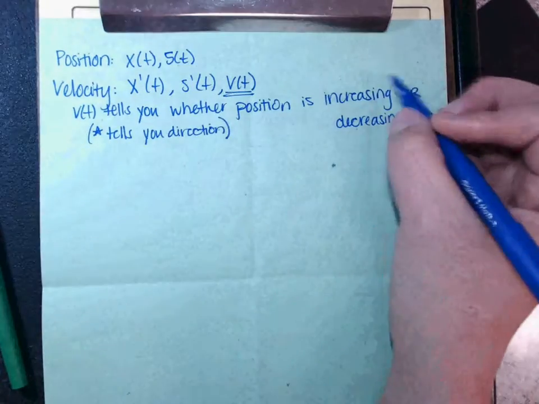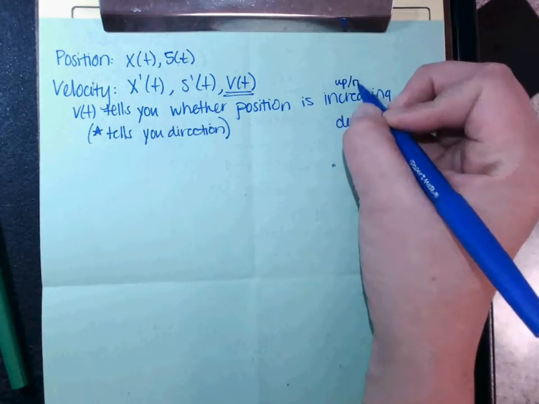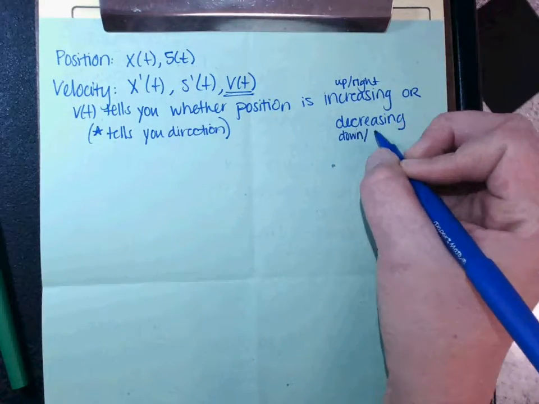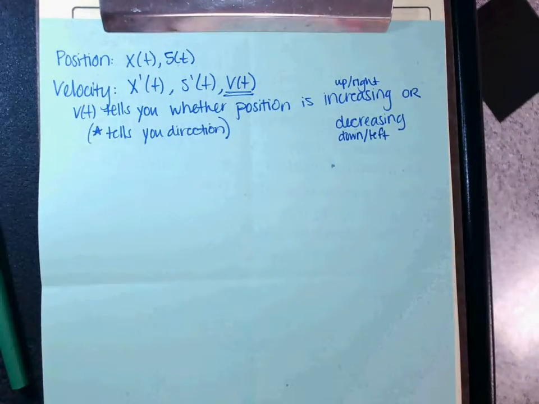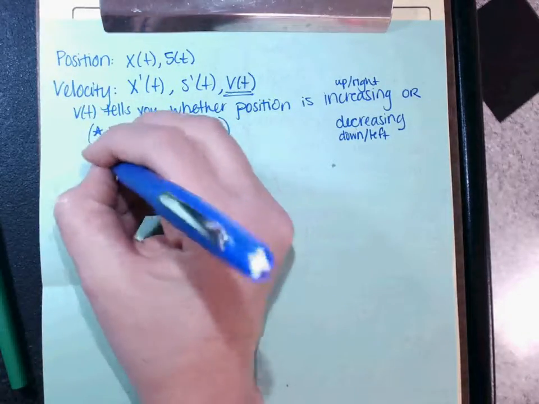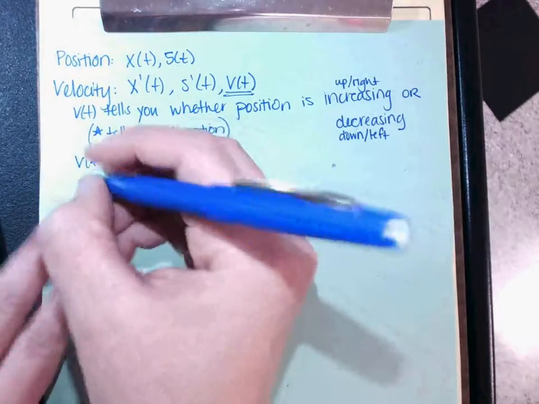Okay, if your thing is increasing, that typically means up or to the right. If your position is decreasing, that typically means down or to the left. And it just depends on what kind of axis you're on, if you're on a horizontal or a vertical axis. Okay, velocity also would be considered at rest when v of t is 0.